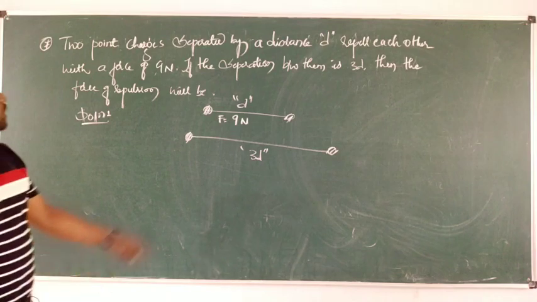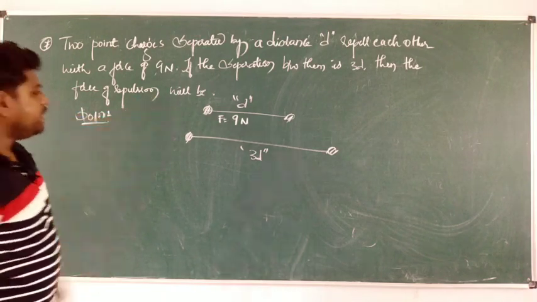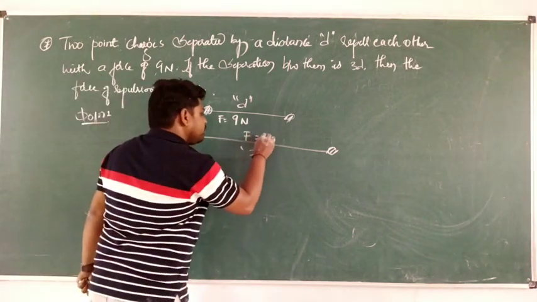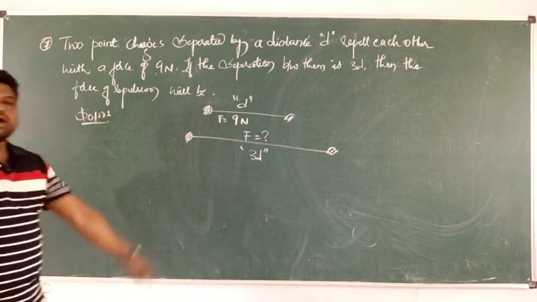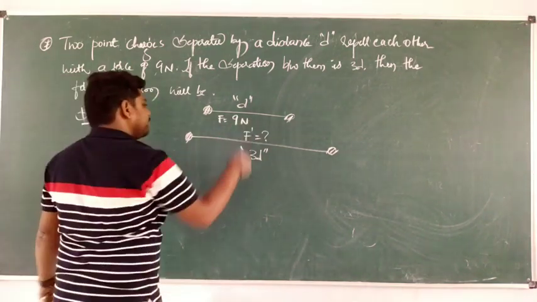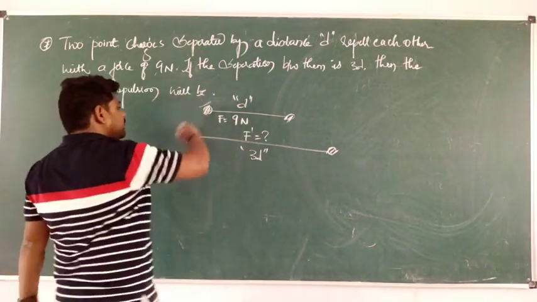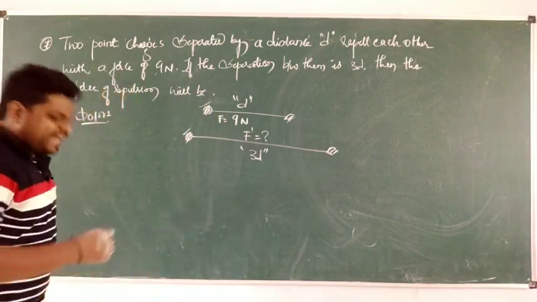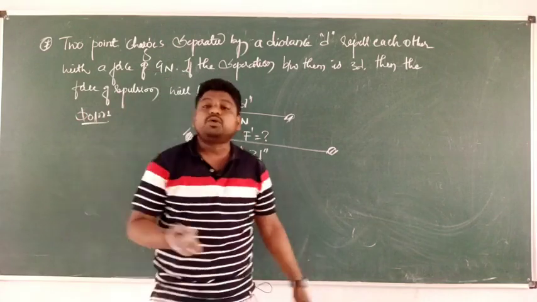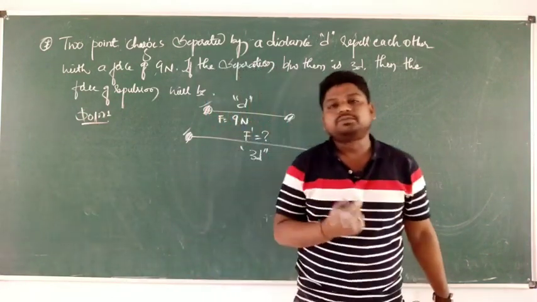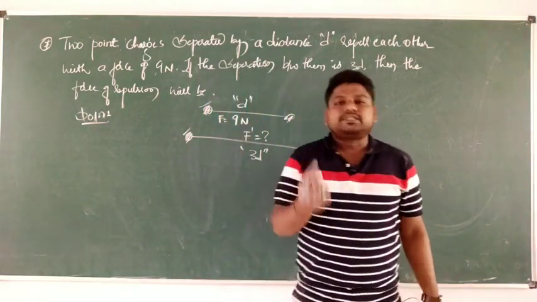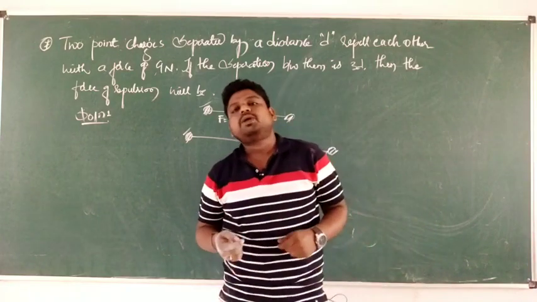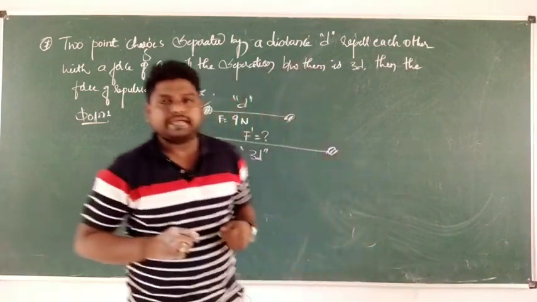Now the question is, what will be the force of repulsion? Or else you can call it F dash. This is the first case, this is your second case. How are we going to do this? See, all the questions we are going to solve today are based on Coulomb's law. So here also the same thing is going to happen. You have to apply Coulomb's law and arrive at the answer.